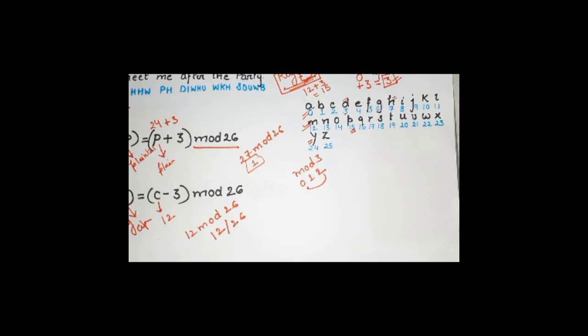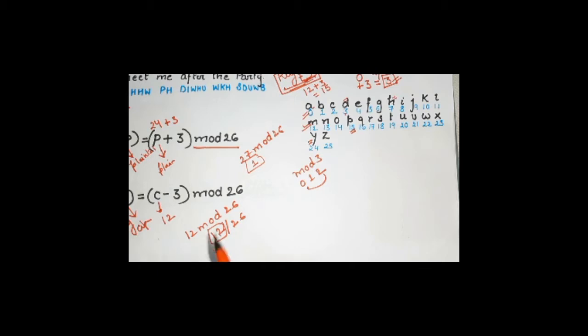I hope you understand mod. Mod means when you divide something by something, what is going to be the remainder? So when you divide 12 by 26, you're going to have the remainder completely as 12. Why? Because 12 cannot be divided by 26. So the entire 12 will be the remainder.